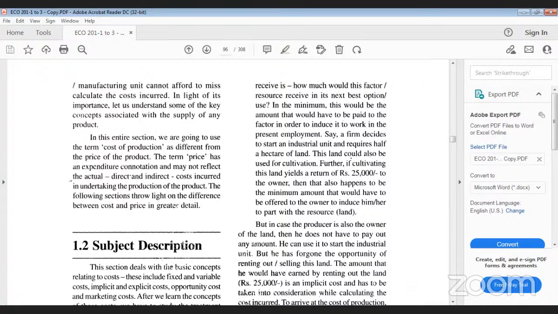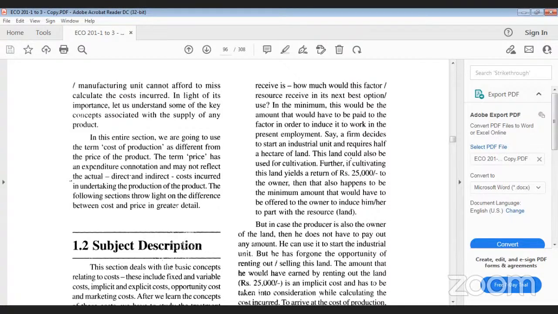Say a firm decides to start an industrial unit and requires half a hectare of land, and this land could also be used for cultivation. Cultivating this land yields a return of rupees 25,000 to the owner, and that also happens to be the minimum amount that has to be offered to the owner to part with the resource, land.